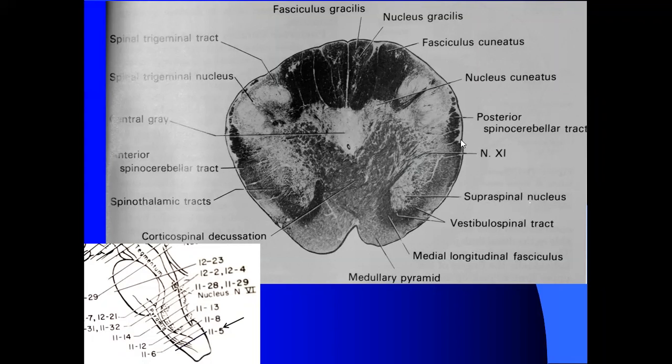We're going to look at this in lots of detail. The dorsal spinocerebellar. Here's nucleus cuneatus. Right? These are going to become very big on the next slide up. So what will be happening, of course, is that the fasciculi will be getting smaller and the nuclei will be getting bigger as the posterior columns terminate in their second-order neuron pathways.